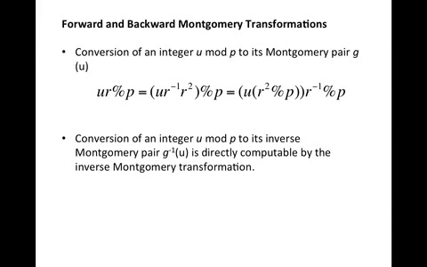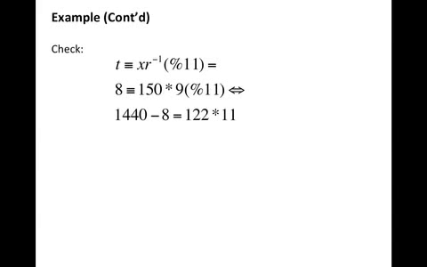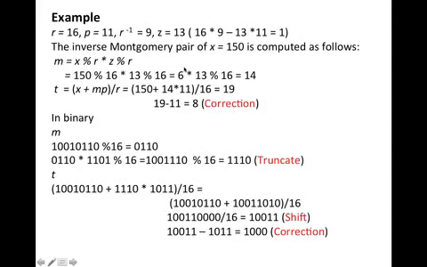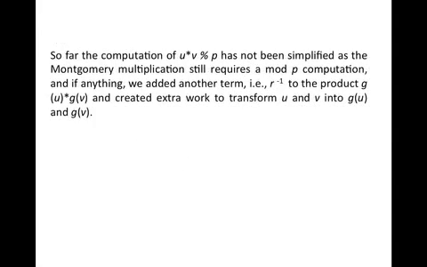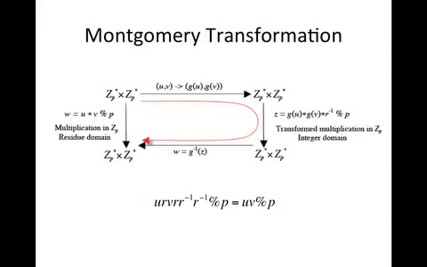So now this formula gave me some number times r inverse mod p, right? We actually figured this out earlier. We said that t is x times r inverse mod p. But what I'm really after here is that in my original transformation I did have a requirement like this.